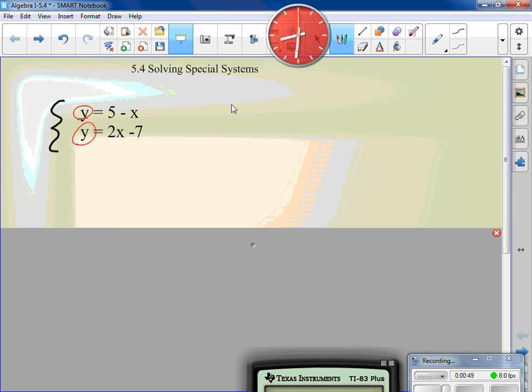So all I'm going to do is put 5 minus x is equal to 2x minus 7. Move my like terms to the same side. So I'm going to add x over here and put the 7 to the other side. 5 plus 7 is 12. 2x and 1x is 3x.